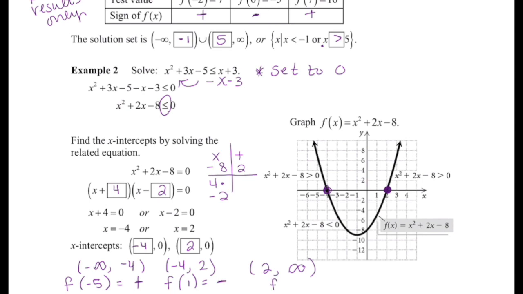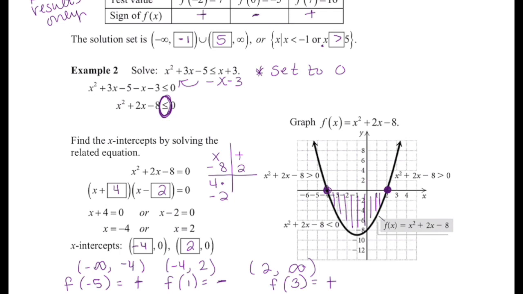And if I evaluate, let's say, f of 3, I would also end up with a positive result. This tells me that I'll be positive on the left-hand side, negative between these values, and then positive going forward. And I'm only interested in those values which are less than or equal to 0.